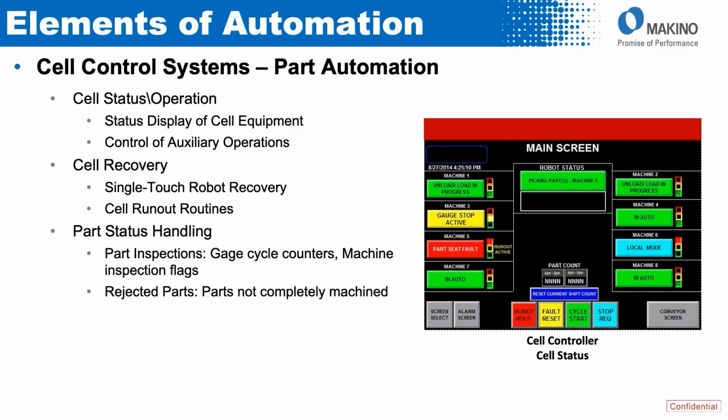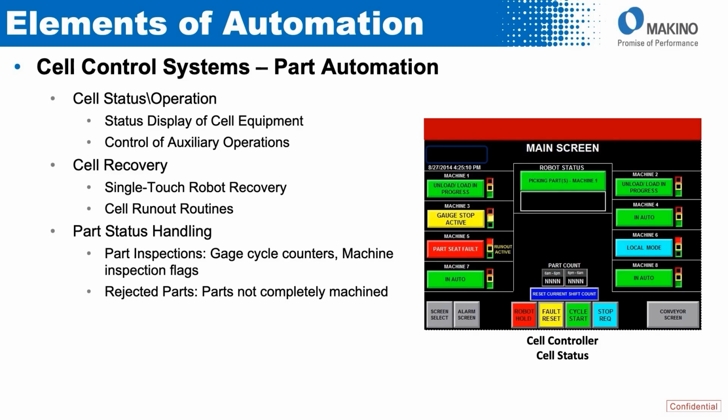And then part status. As I mentioned, we want to be able to track the status of the part through the cells. So the cell controller tracks the status of the part as it goes through the different operations, the machining center, and any of the auxiliary operations. We incorporate gauge cycle counters so that you can determine when you want to gauge a part off a machine. And then the rejected parts, we handle those also. As I mentioned, we can take them to a reject chute, a lockbox, or something of that nature.